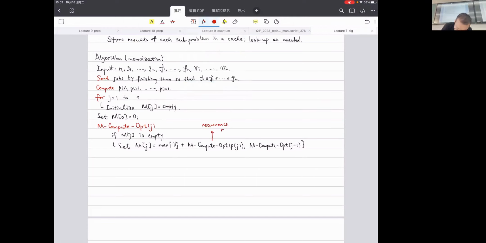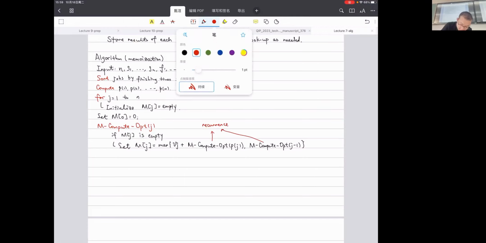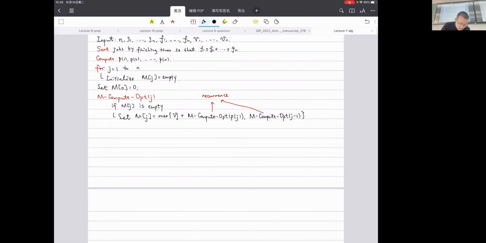So this is the place we need to use the recurrence. Let me also mark this if in red color. For the else case, it just means that Mj is not empty. We don't need to make further recurrence. We just return Mj.